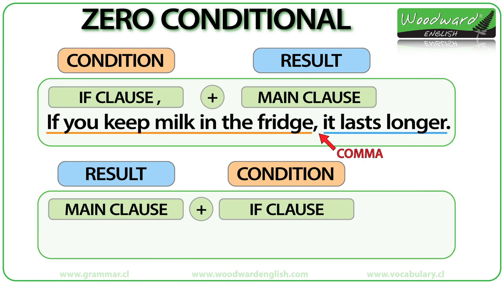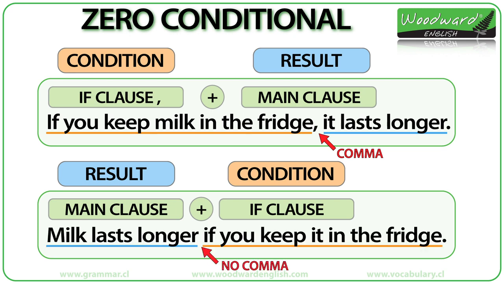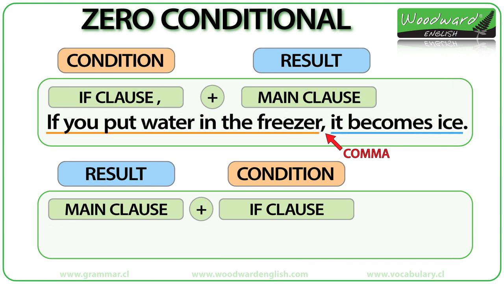If you keep milk in the fridge, it lasts longer. This becomes, milk lasts longer if you keep it in the fridge. If you put water in the freezer, it becomes ice.